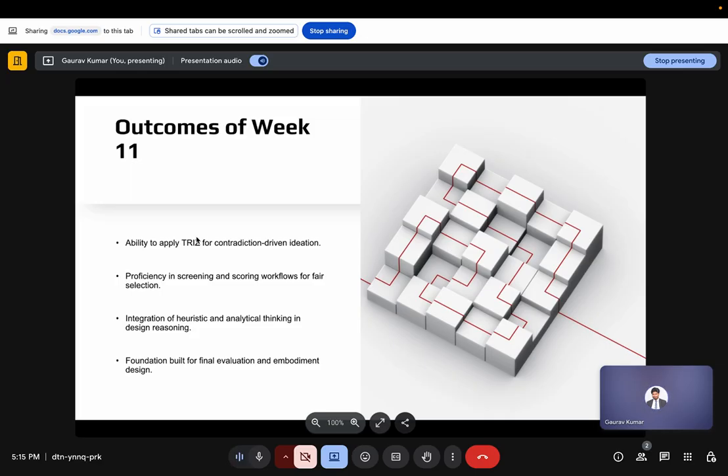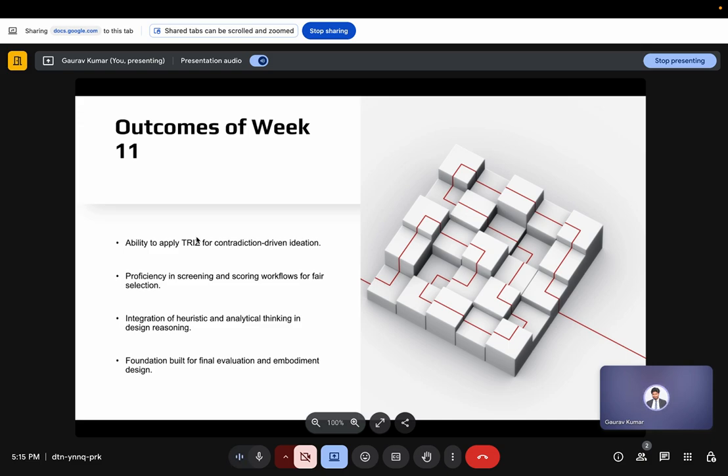This week emphasized integrating heuristic creativity with analytical reasoning, where inspiration is validated through logic. Each tool, be it TRIZ, Pugh matrix, or weighted scoring, contributes to transforming abstract design intuitions into quantifiable decision making.